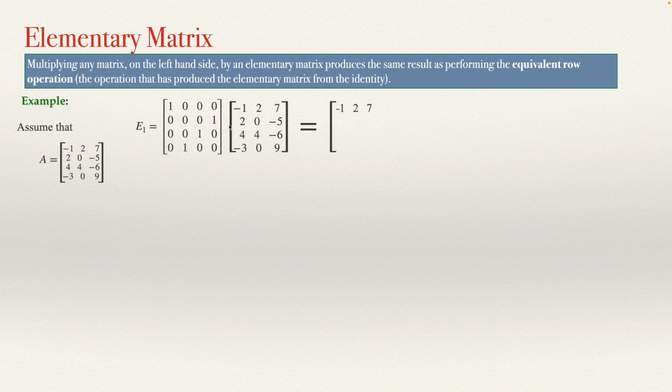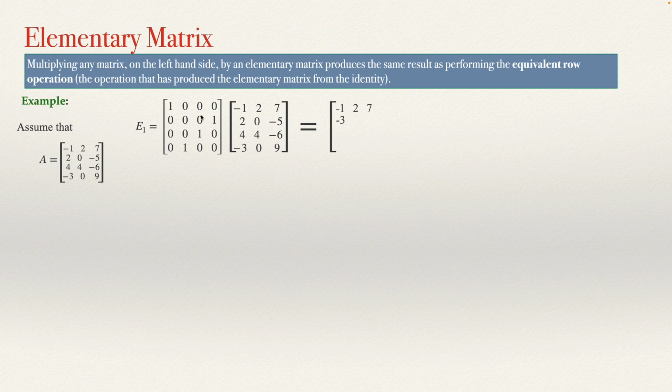But when I multiply the second row of the first matrix by the first column of the second matrix, it will be 0 times -1, 0. 0 times 2, 0. 0 times 4, 0. 1 times -3 will be -3. So adding 0 plus 0 plus 0 plus -3, the answer will be -3.